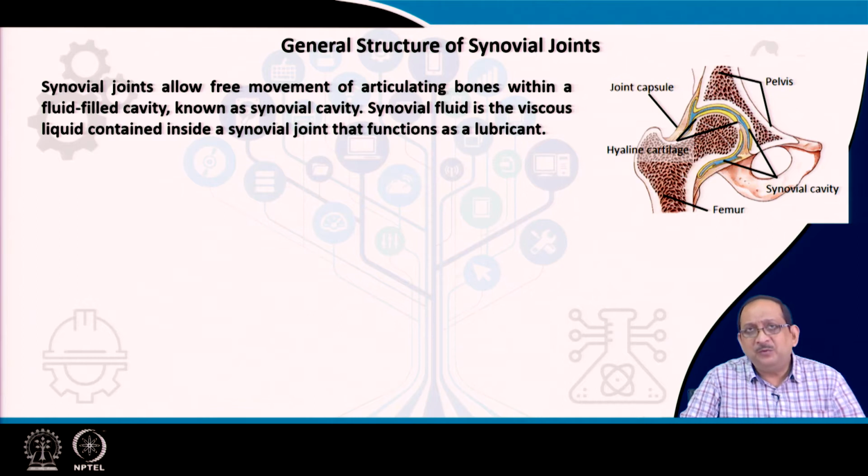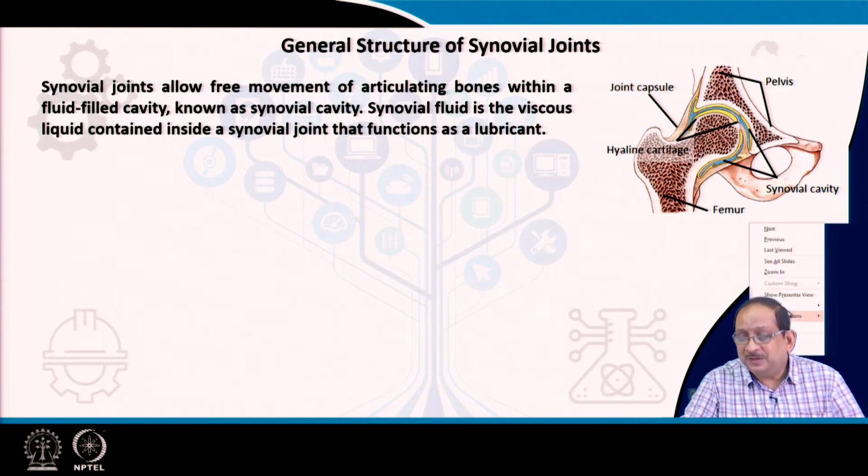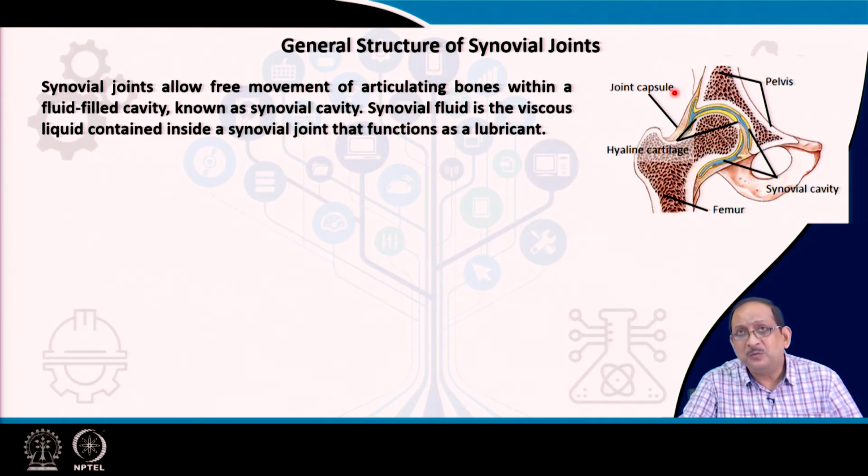The synovial fluid contained in that cavity is a viscous liquid, and it functions as a lubricant. On the right, you can see the hip joint, which is a classical synovial joint.